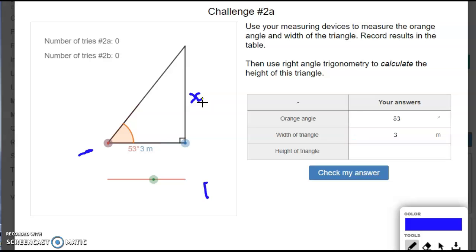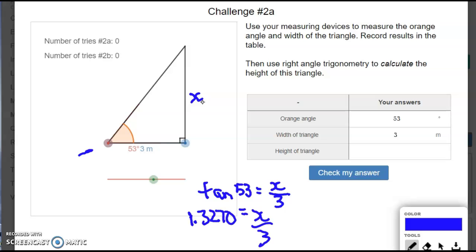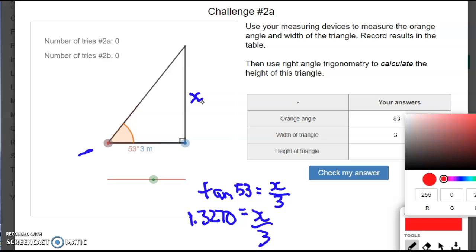That's tangent. So tangent of 53 degrees is equal to x, the opposite, over adjacent. Okay, and I know that tangent of 53 degrees is 1.3270. So 1.3270 is equal to x over 3. From here, I am going to multiply both sides by 3.